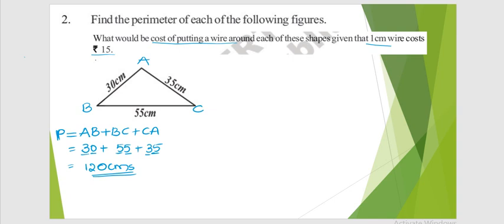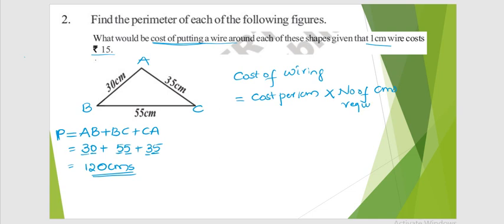Since we have found the perimeter, the next task is to find the cost of wiring. The cost of wiring is given by the cost per 1 centimeter times the number of centimeters required. This number of centimeters required is what we call the perimeter.